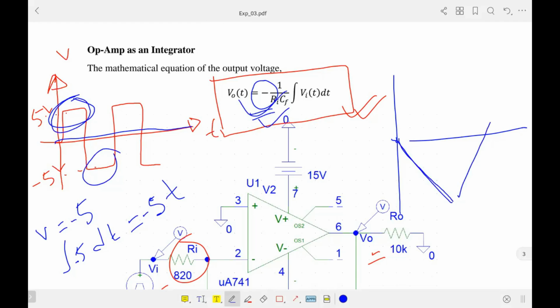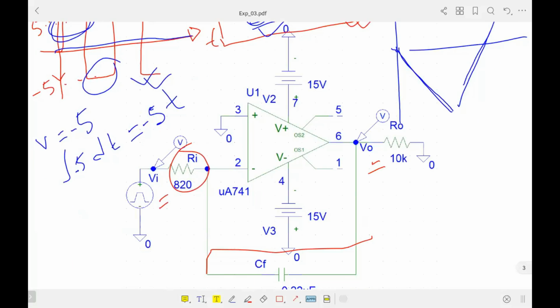Now it is easily observable that if you supply a square wave, then the wave you get is a triangular wave. In this integrator circuit we have supplied a square wave as written here.